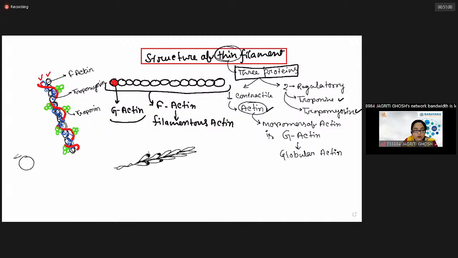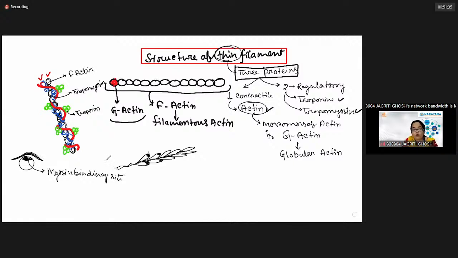Tropomyosin usually covers this actin filament like this, the active site of the actin filament. The actin monomer, or globular actin, or G-actin itself, also has a site which is the myosin binding site.